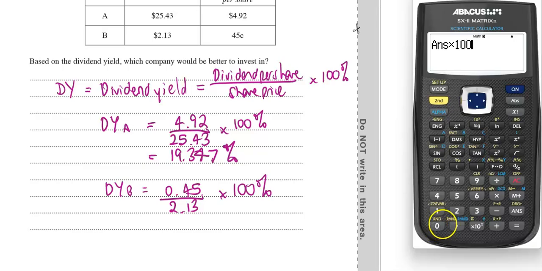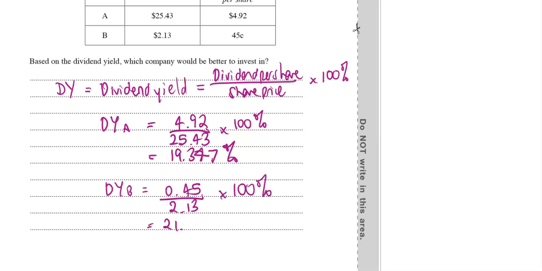Multiplied by 100%, I get 21.12676%. So clearly B is higher. So B is better because it has a higher dividend yield.